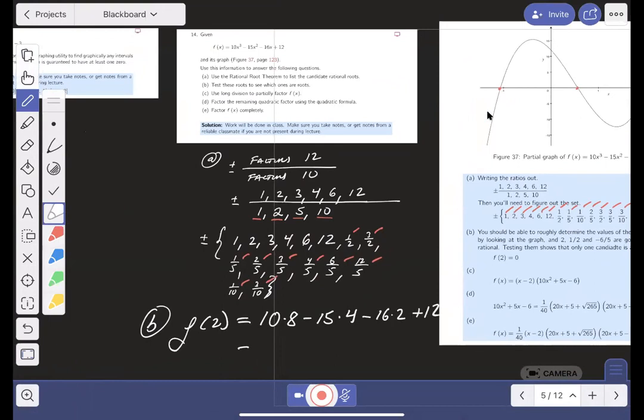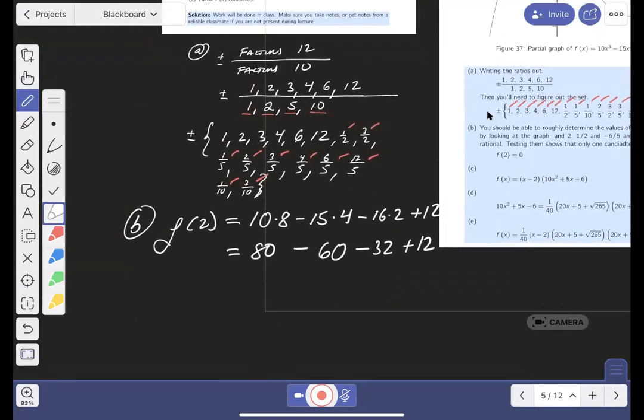Let's see how good we did. 80 minus 60 minus 32 plus 12. Wow, it's a lot of arithmetic, isn't it? Let's keep going. What's this going to give me? 20. That's 80 minus 60. And minus 32 plus 12 is minus 20. So 20 minus 20.